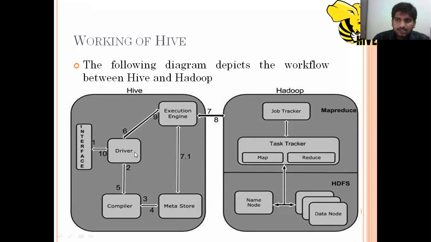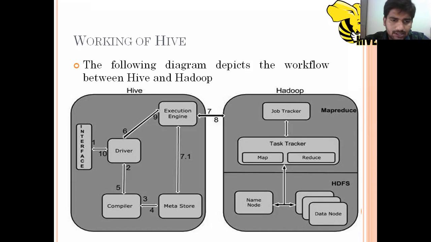Once it is submitted to the driver, it goes to the compiler. What is the duty of the compiler? Simply, the compiler checks whether the query is syntactically correct or not. It is done through the compiler and checked with the metastore. For example, if any columns or rows are used in that particular query, the query is matched against our metadata. Once it is matched, the compiler confirms the process is correct.